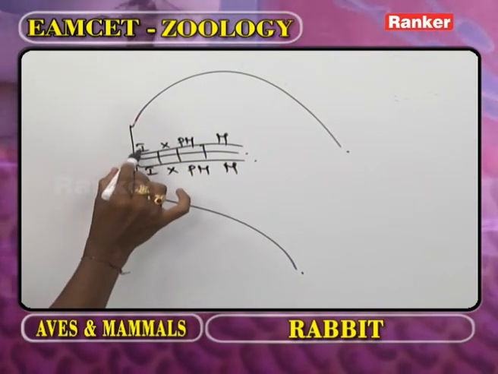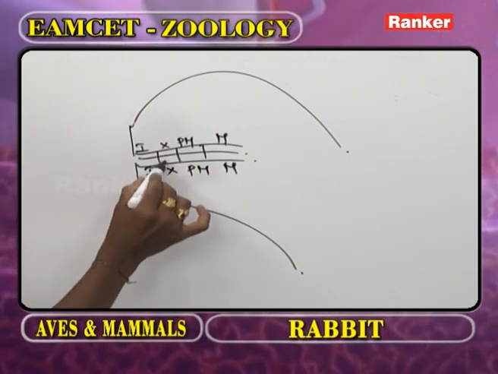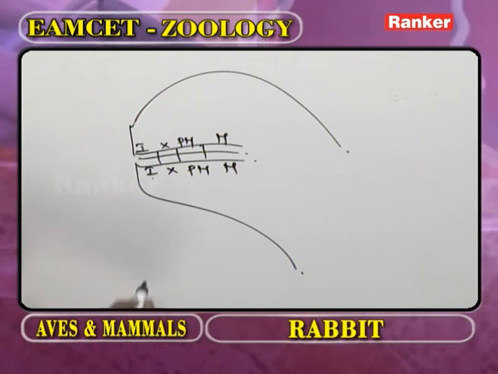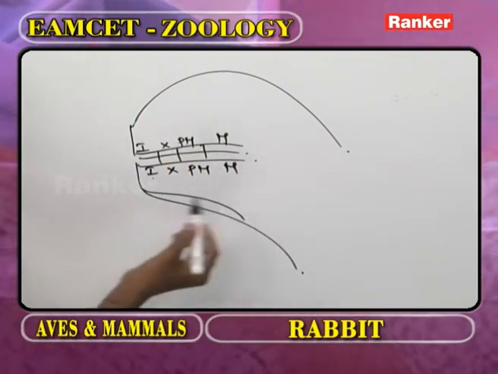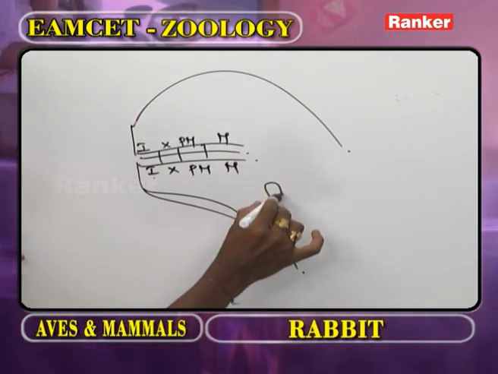Now the upper row has incisors, premolars, molars. The lower row has incisors, premolars and molars. Now this is the angle of lower jaw, and this one we call the tongue.